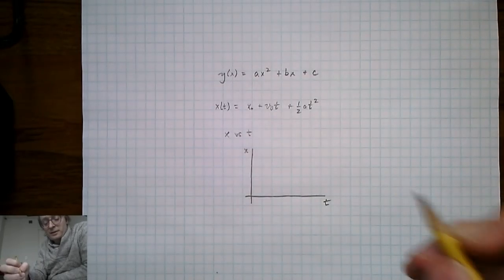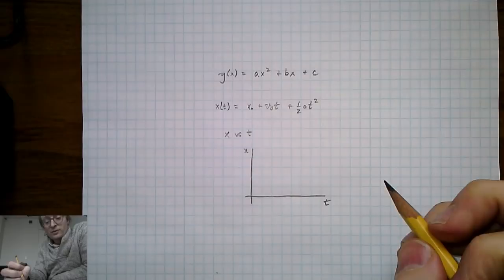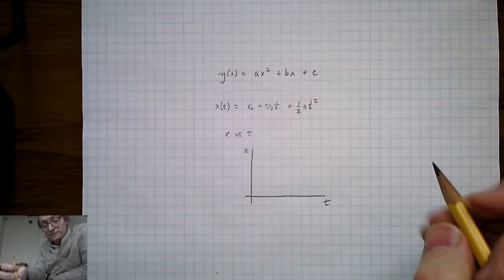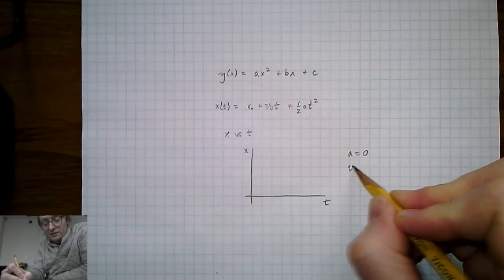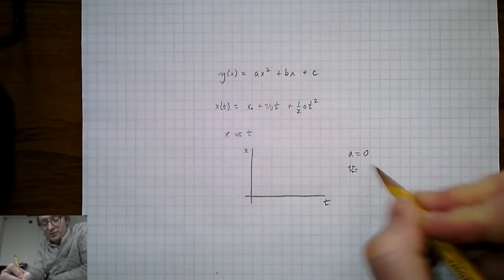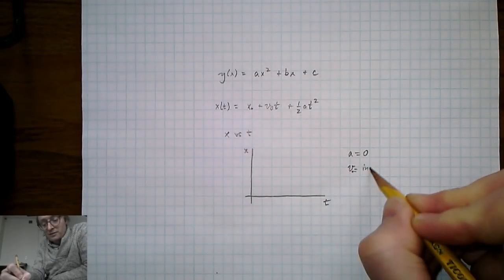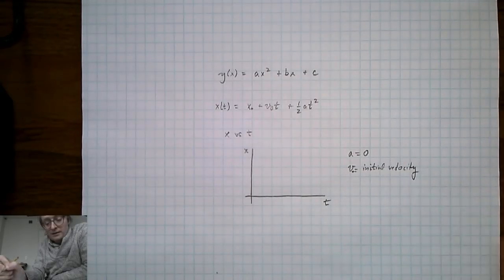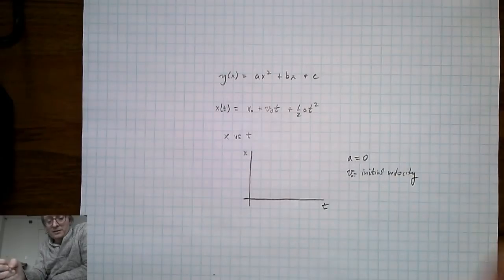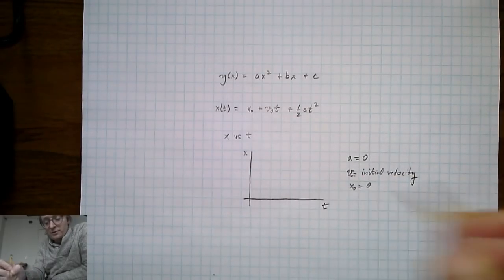And now let's say, for example, I had a situation with 0 acceleration. So a equals 0, v naught equals some initial velocity, and let's say x naught also equals 0.